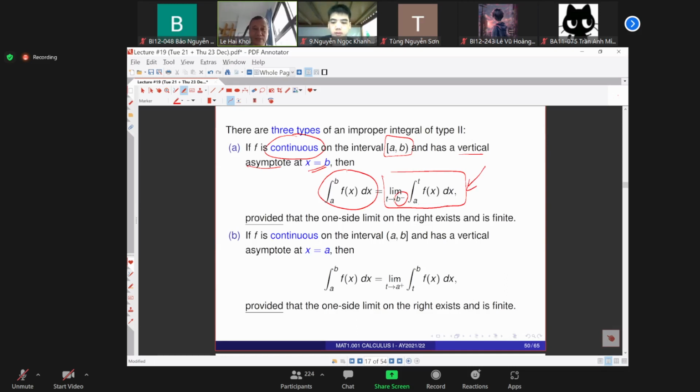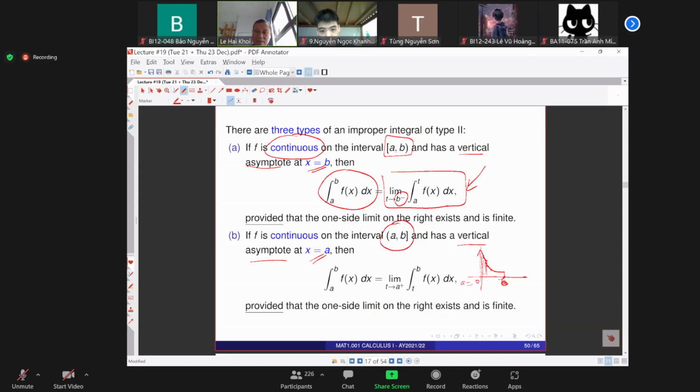Similarly, for the second case of type 2, you have continuity on the half-open interval except the left end. For the left end, because you have a vertical asymptote, you do it exactly as the first type. For example, you have a from a to b, where a is 0 and you have this vertical line, the asymptote.